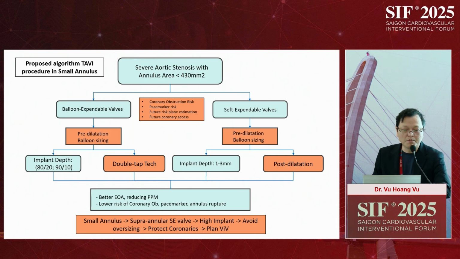The implant depth should be 20, 80, or I think better 90 or 10. But if the patient is young, maybe we should implant deeper than this. If we just consider a small annulus, maybe higher is better. And I also recommend the double tap technique for that.